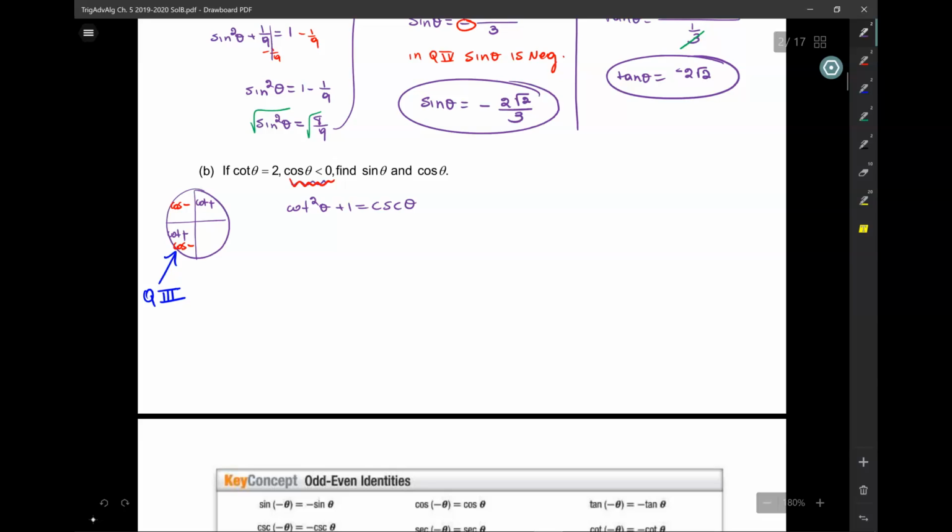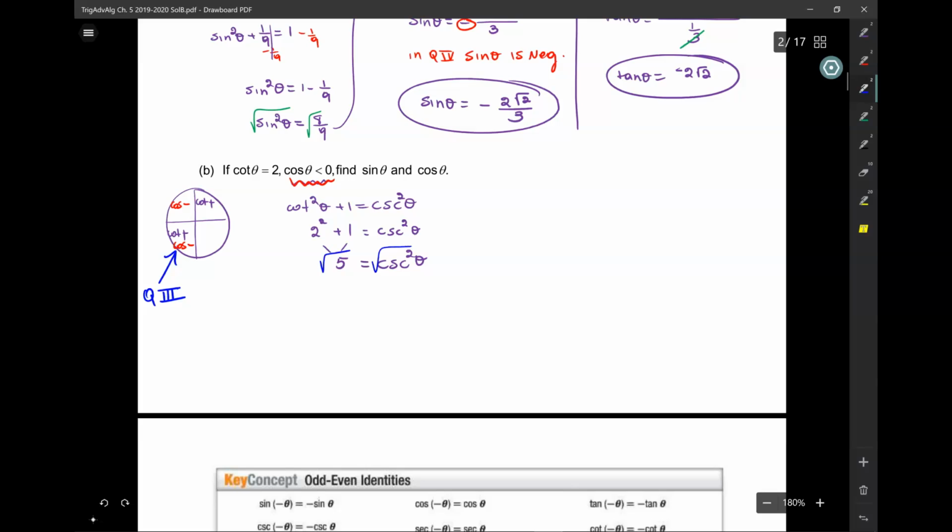That's going to give me cosecant, but that's fine because it's the reciprocal. Cotangent squared is 2 squared plus 1. 2 squared is 4 plus 1 is 5, equals cosecant squared theta.